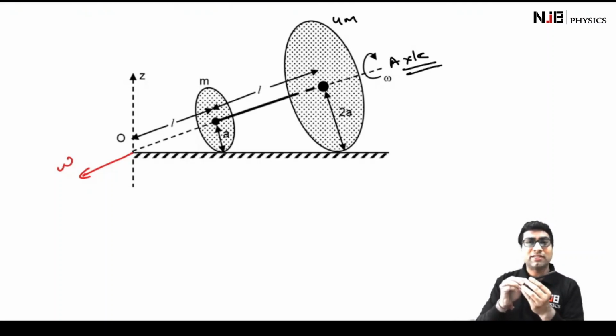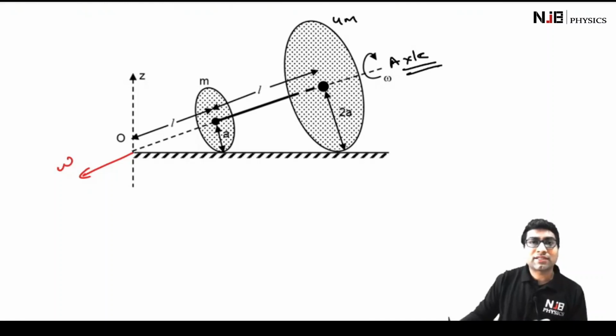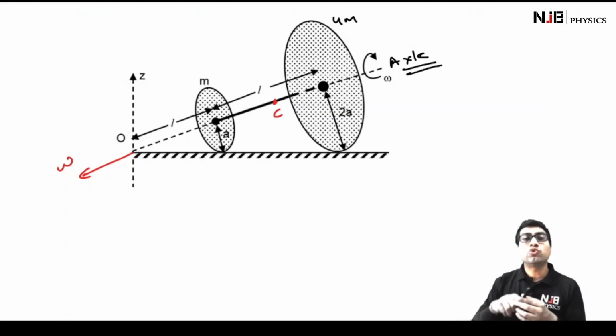So you can see that since this axle is rotating in this manner, if you consider any point on this axle, let's say this is the point which we know is the center of mass of the entire assembly, it is going to revolve in horizontal circular motion. And not just this point, in fact any point you consider, all those points on this axle are going to execute a horizontal circular motion.